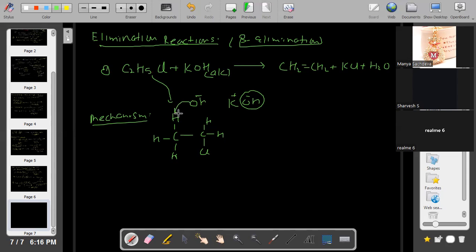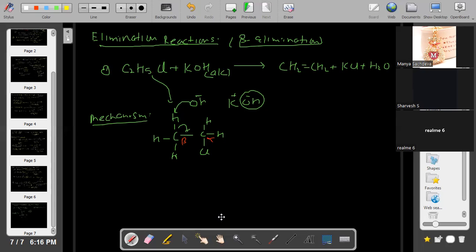This hydrogen gives its electrons to here. And this is the alpha carbon atom to which chlorine is linked. The beta carbon atom is where hydrogen moves out. The elimination in which hydrogen moves out from the beta carbon atom is called beta elimination.